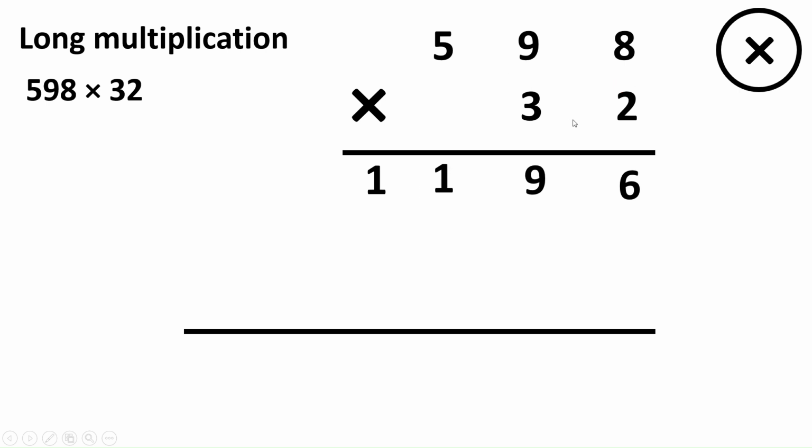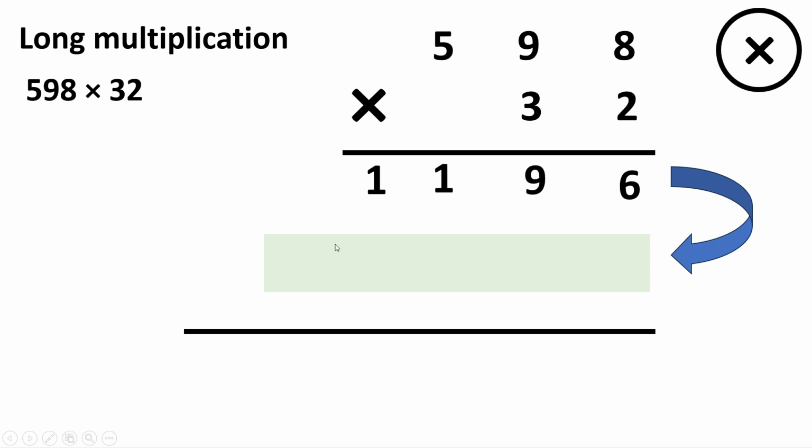So now that we've done it by the 2, we now have to do it by the 30. As you can see, this is what we got by multiplying 2 by 8, then 90, then 500, because that's what makes up 598. And this is the answer that we get for that. But now we need to get the answer for 30 times 8, then 90, then 500 to get 598 times 30.